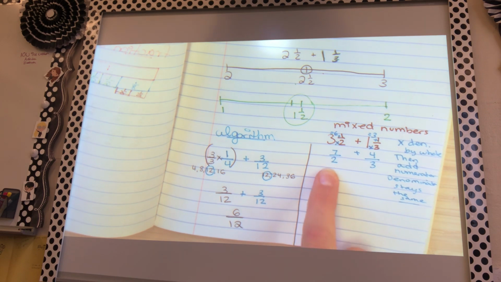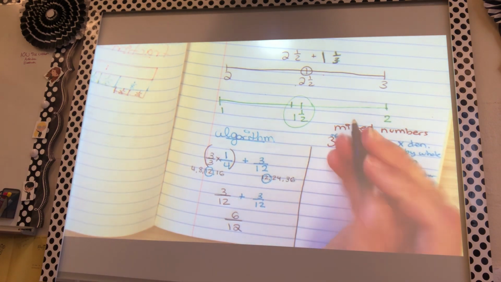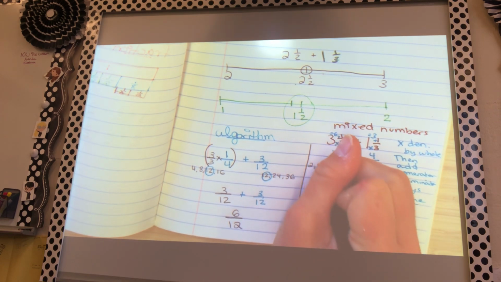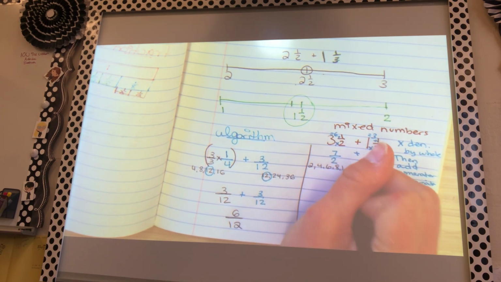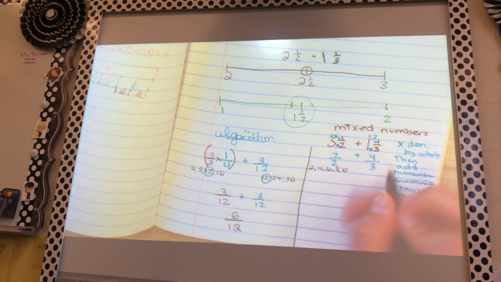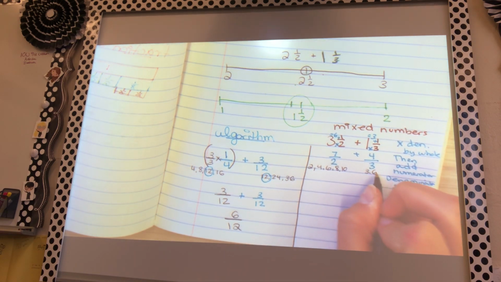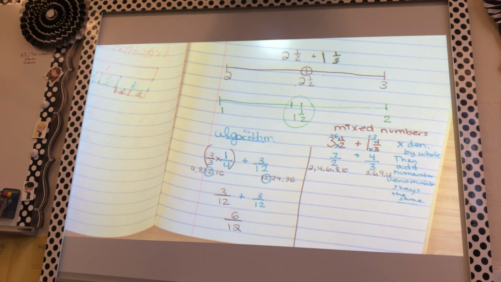So now I still look and say, do I have common denominators? No, I do not. So I can do multiples of 2: 2, 4, 6, 8, 10. Multiples of 3 would be 3, 6, 9, 12. Well, which one do I hit first? Because that's going to give me a fraction that I probably won't have to simplify.